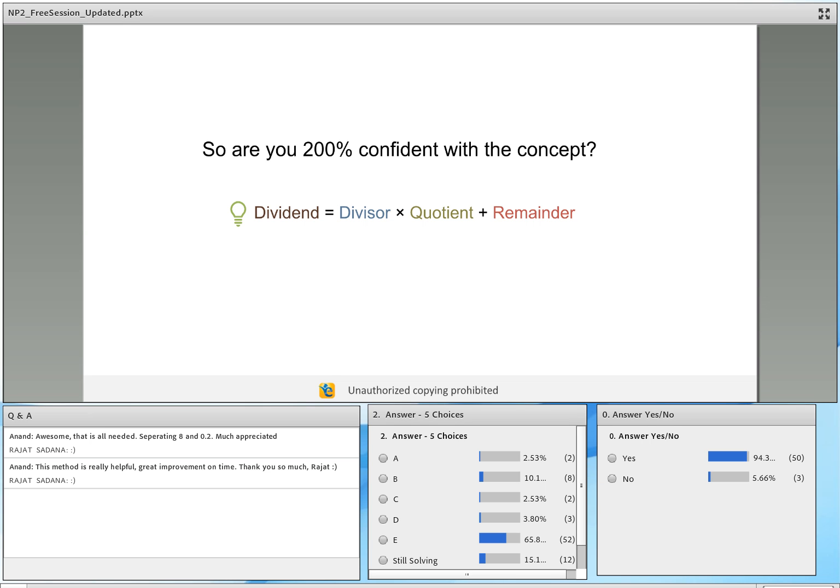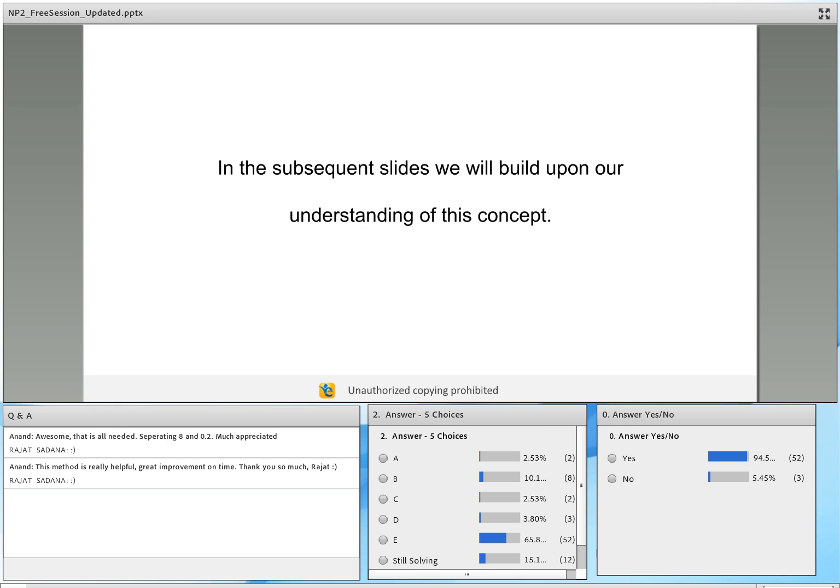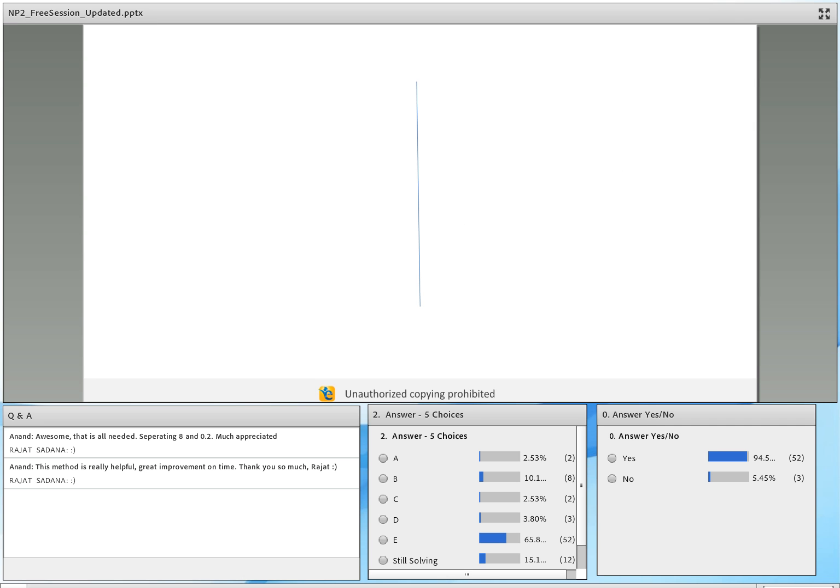For others who are not, once I share the PDF, solve these questions once again, maybe take some numbers. All you need is just a session to get through this concept and solve the most challenging questions on it. We're going to build upon this understanding, so I'm not going to give you questions. I'm going to extend this concept slightly more before we solve the next set of questions.